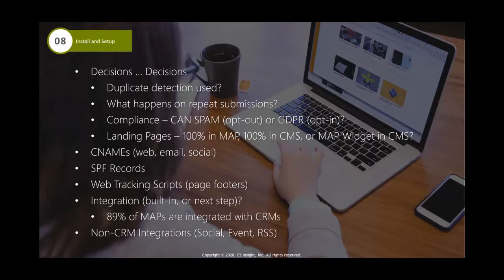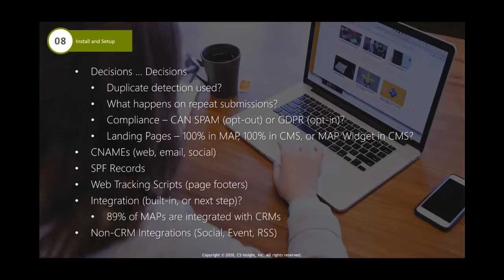What if you come back and you fill out that form or another form six months from now? Well, duplicate detection is used. It's not going to create a new lead. So how is sales going to know that there's been a very important interaction that they probably want to follow up on? You need to think about that. Are you going to use CAN-SPAM? Or are you going to use more of a GDPR approach for overall compliance?